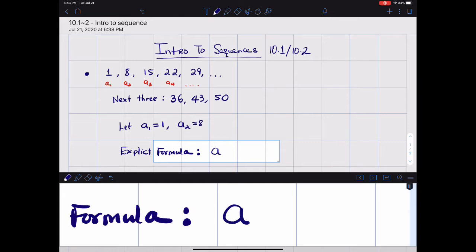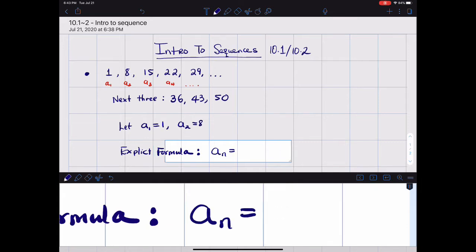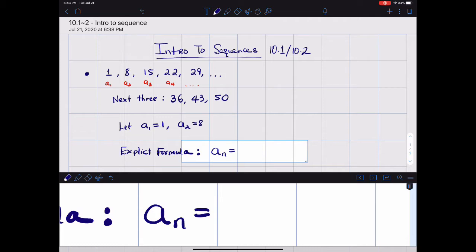So that would be An is equal to 1 plus 7 times something. So let's think about it. A2 is 1 plus 7. A3 is 1 plus 7 plus 7. That's 1 plus 2 times 7.